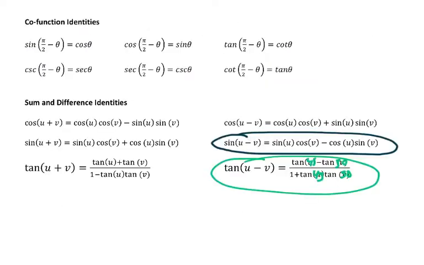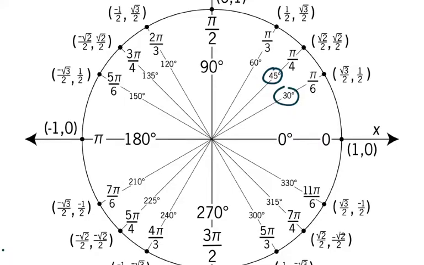So tangent of 45 is going to equal 1, and tangent of 30 is going to equal sine over cosine, so a half over square root of 3, so 1 over the square root of 3.